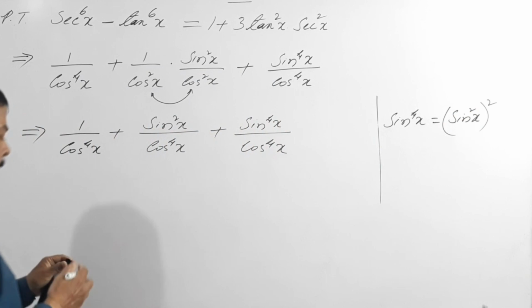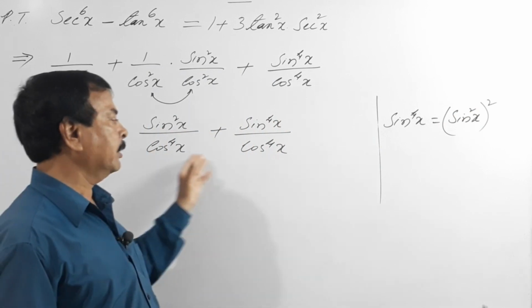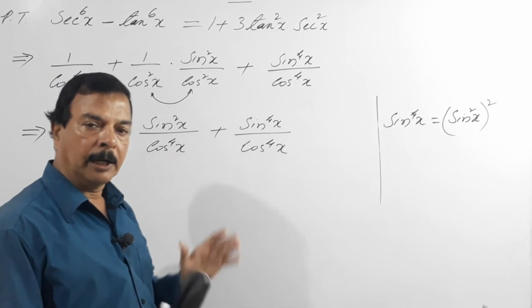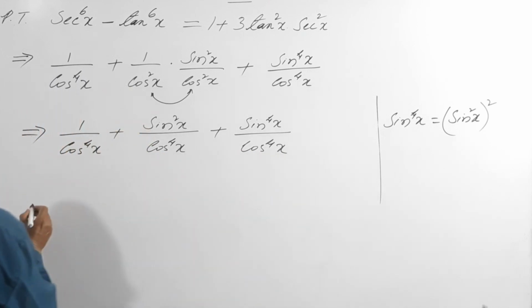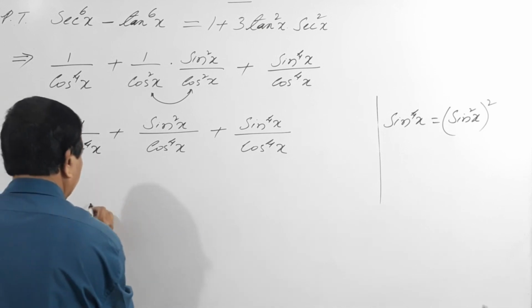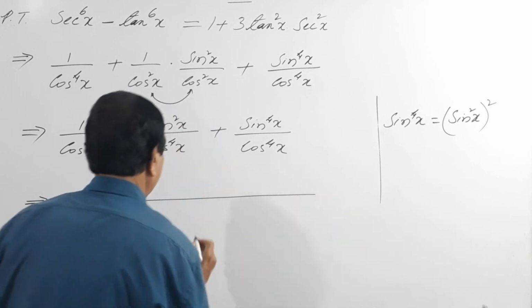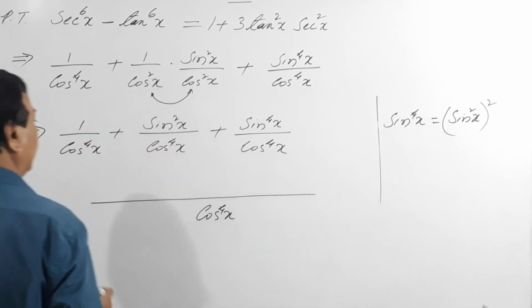So before that, cos to the power of 4x is common, so I'll take the LCM or merge it. So what happens here? That is equals to, I'll write cos to the power of 4x at the bottom.